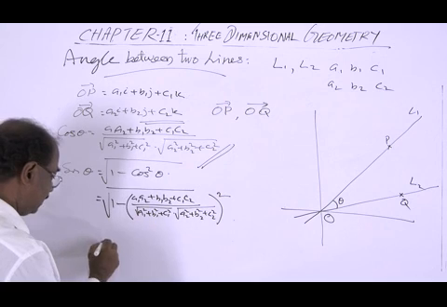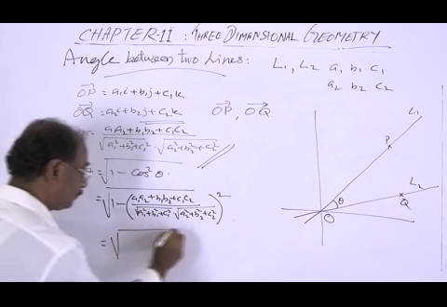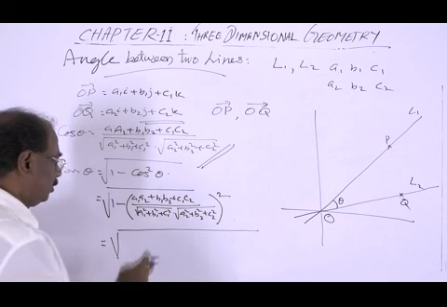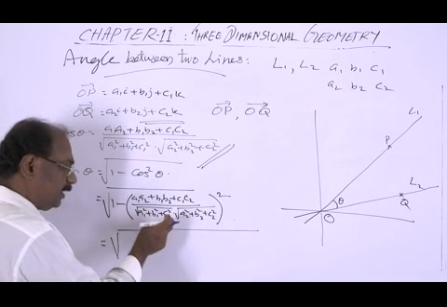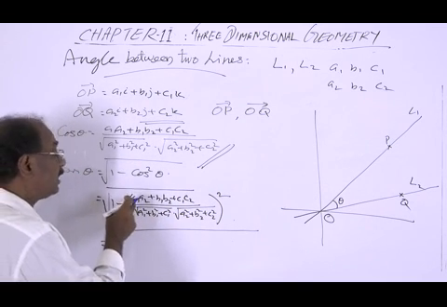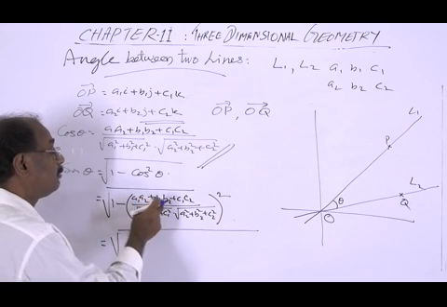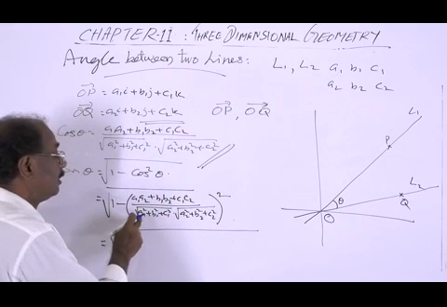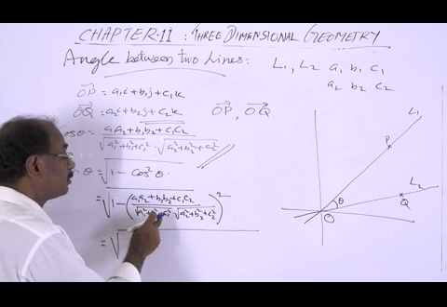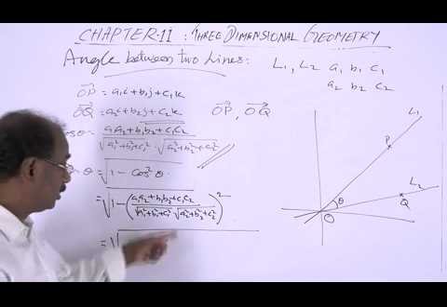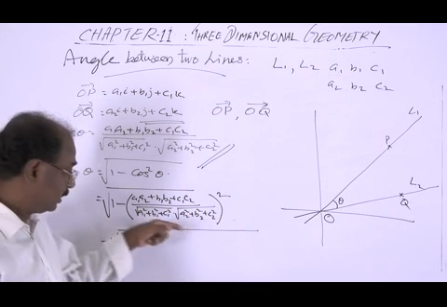So this is again equal to root of simplification. Square numerator and denominator and then take LCM. So squaring, we get the numerator A1 A2 plus B1 B2 plus C1 C2 all squared, divided by A1 squared plus B1 squared plus C1 squared into A2 squared plus B2 squared plus C2 squared. Then take LCM.